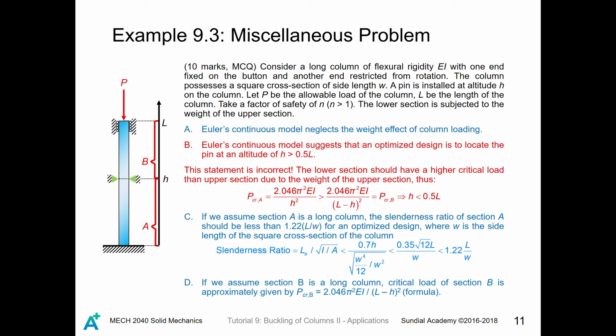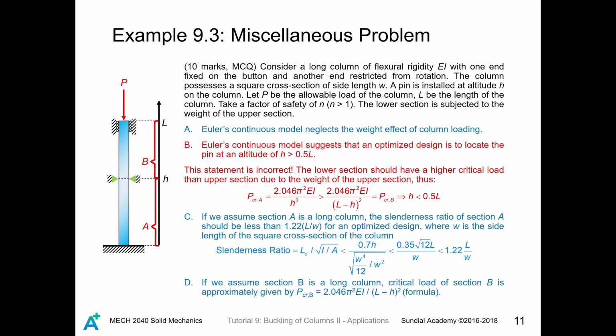One thing we have to bear in mind is that the critical load of A should be greater than that of B, because for section A, we are going to account for the weight effect of section B. So for section B, there is some weight acting on the lower section A. So the critical load requirement of section A should be larger than that of section B.